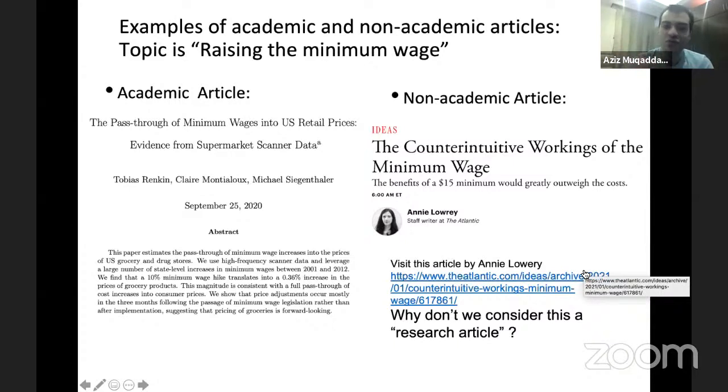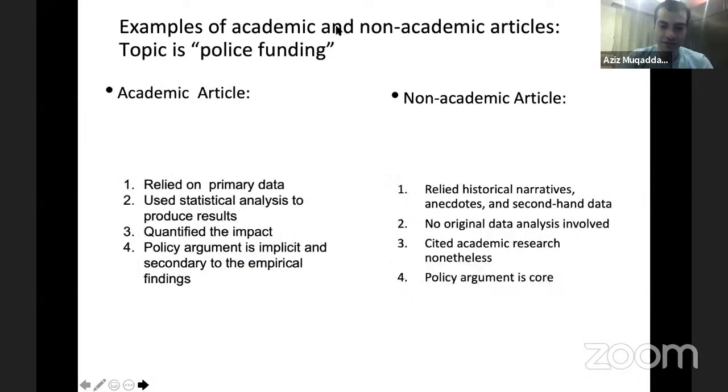She's not running any study. She's not running statistical analysis. But what happened is that she has a position that she came about probably from reading works by others, and that convinced her that a $15 minimum wage increase would be a good idea. So she's making an article for that.